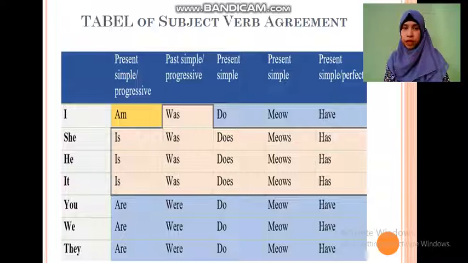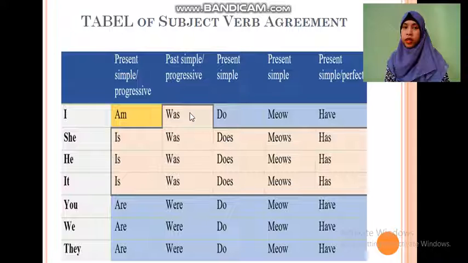And this is the table of subject-verb agreement that we usually face on every occasion. And I think you have known this one, maybe in your previous school, in senior high school. Usually I is followed by am, and she, he, it use is, and you use are.